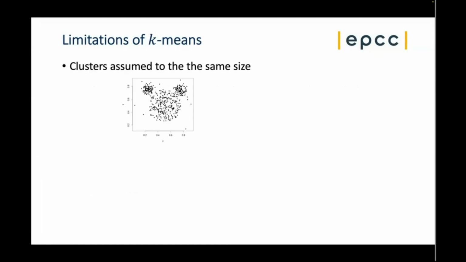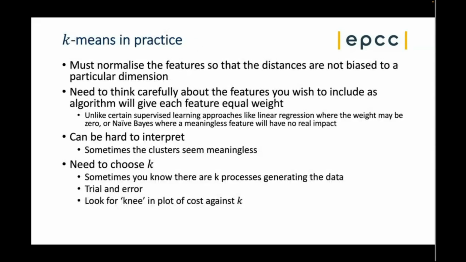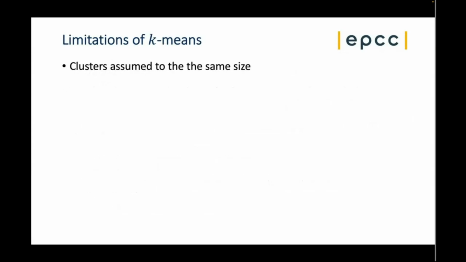I don't know if I've got an example of that. I probably should find one. But that shows you a good value of K to choose. It's a kind of good trade-off between not having too many clusters, but having them mean something, and having them suitably differentiate between the different groups.